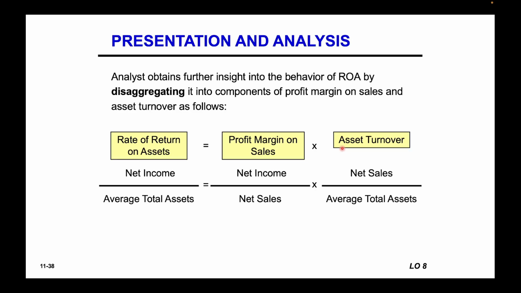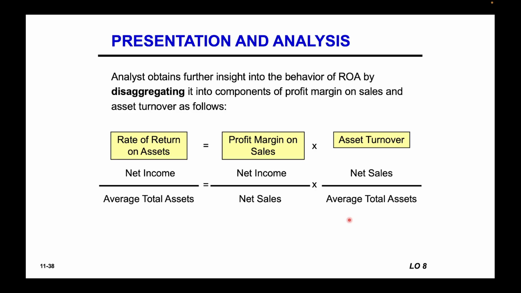As you see from the slide here, this is the formula of ROA, how ROA can be disaggregated. So the rate of return on asset, ROA, equals net income divided by average total asset, as we see from our previous slide.